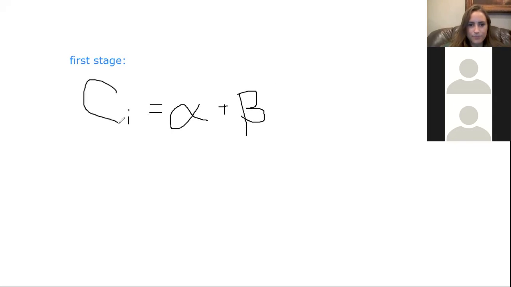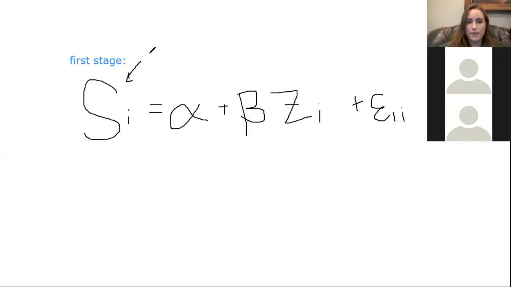So Si equals alpha plus beta Zi plus an error term. Okay, so this is our education, or I could have called it X because that's more straightforward, and then this is our IV.